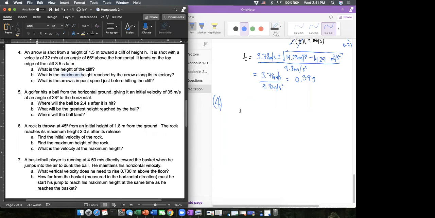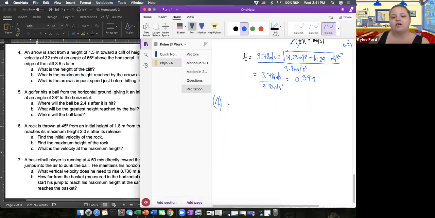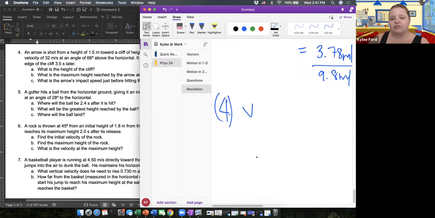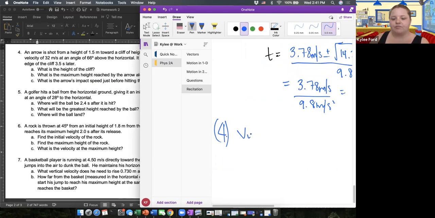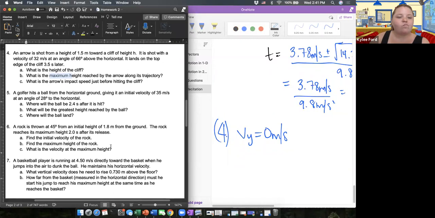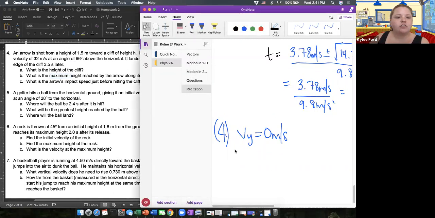So maximum height, that is going to be where our velocity in our y direction would be 0 at that point. We have our initial velocity, 32 meters per second, at 66 degrees.